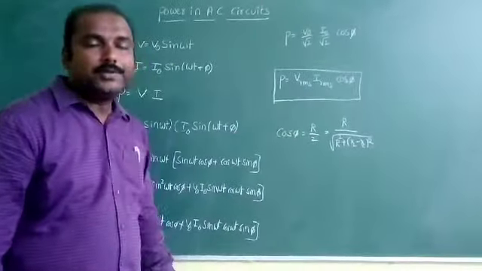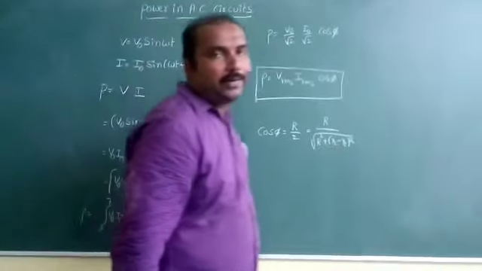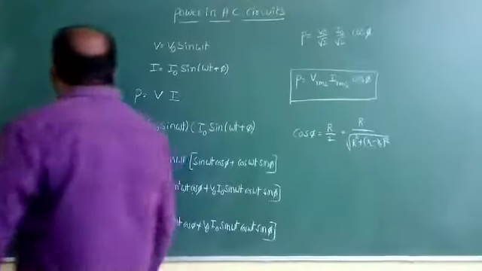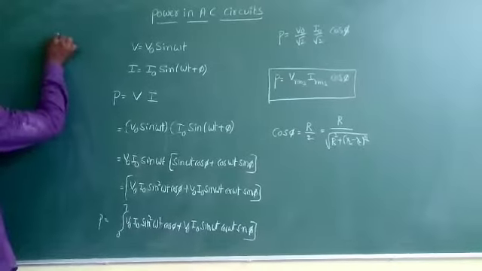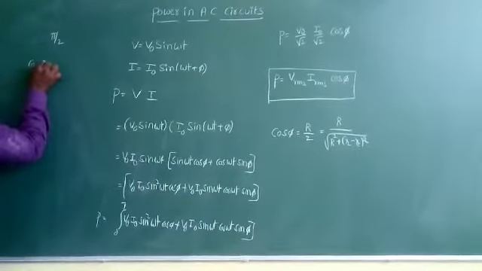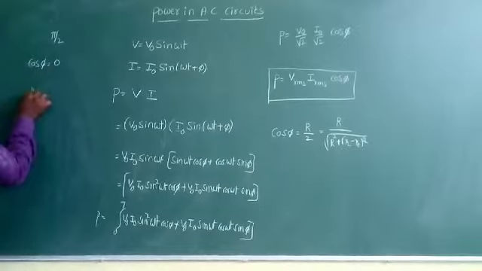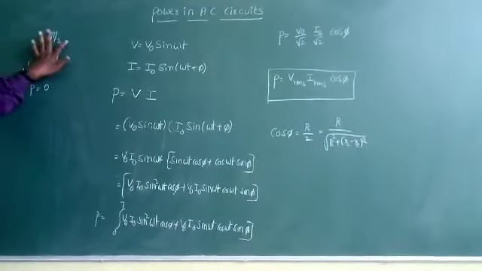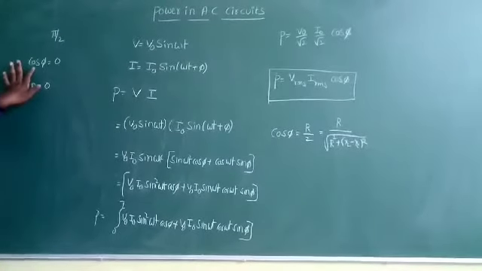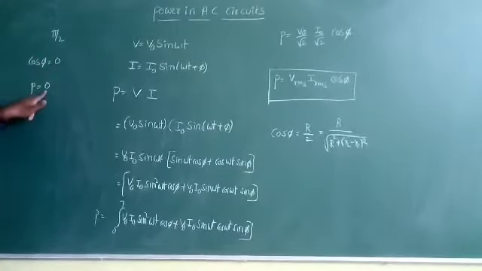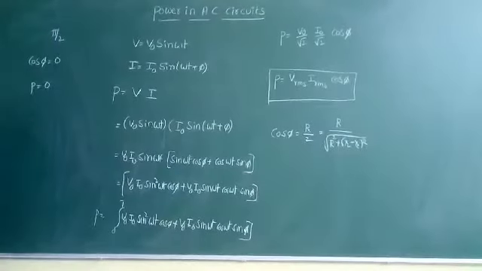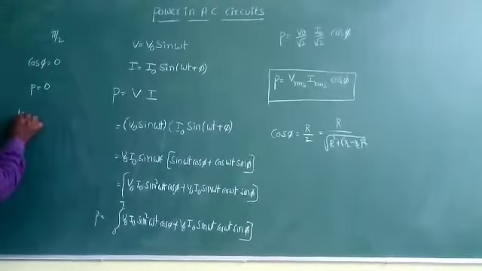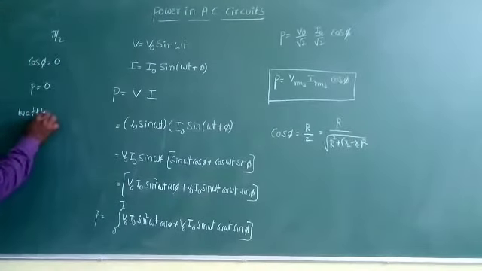Next, suppose the voltage and current differ by phi equal to pi by 2. In such a case the power factor cos phi is equal to 0 and power consumption is 0, and such a current we call a wattless current.